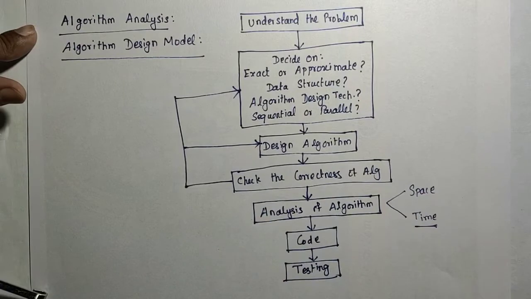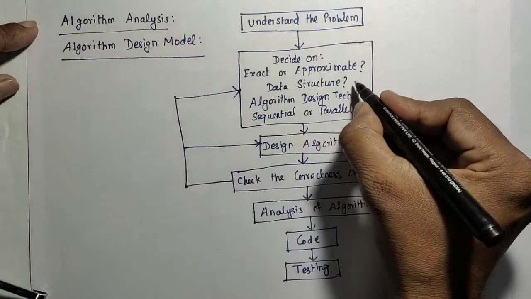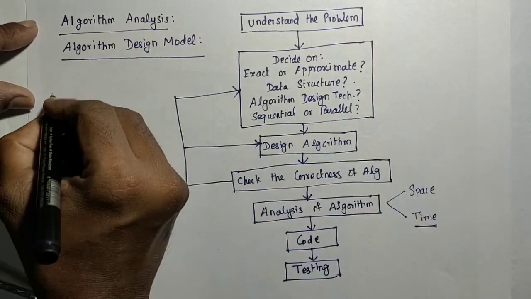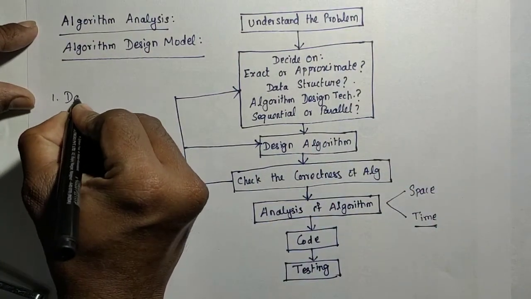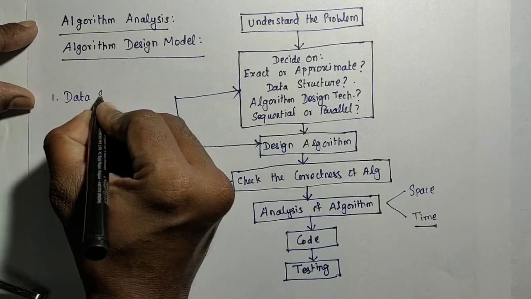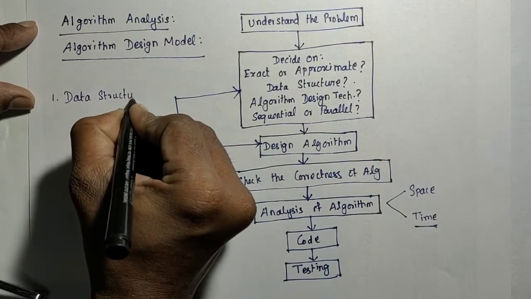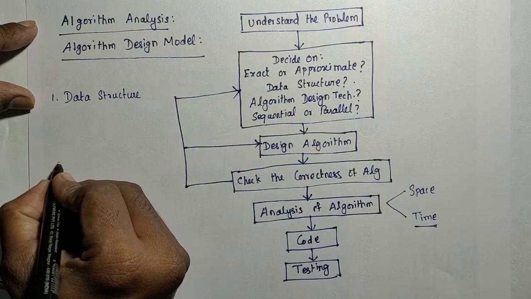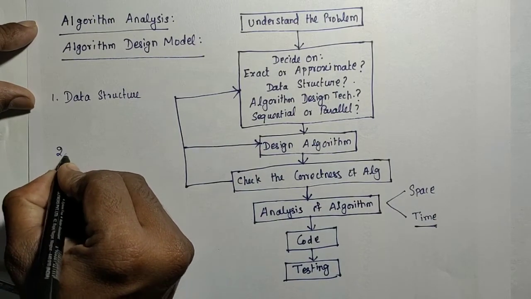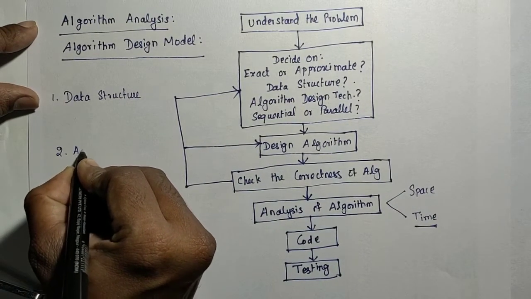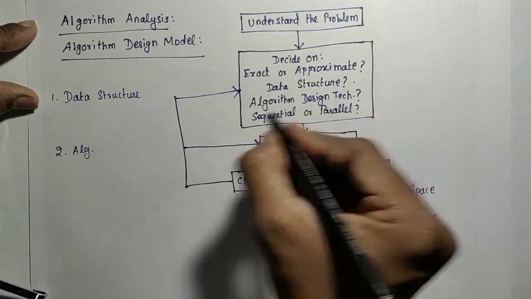So in designing an algorithm, we have to concentrate on three points. One is the data structure. The second one is the algorithm design techniques.